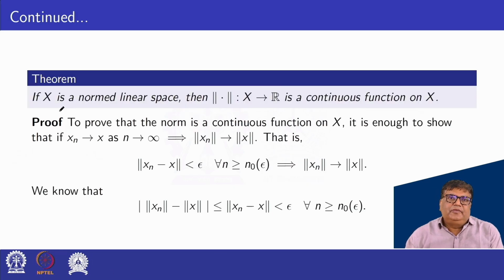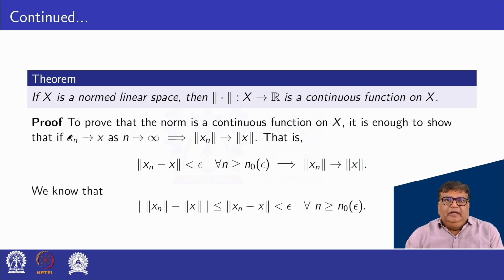Next theorem: if X is a normed linear space, then the norm, a function from X to R, is a continuous function on X. To prove that the norm is a continuous function on X, it is enough to show that if xn converges to the point x as n tends to infinity, this implies that norm xn converges to norm x.